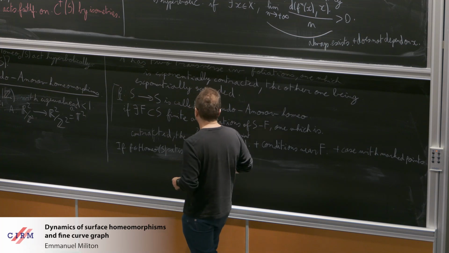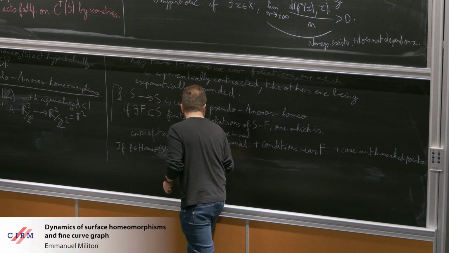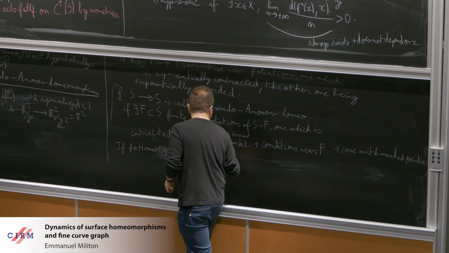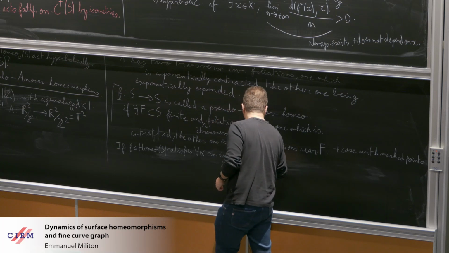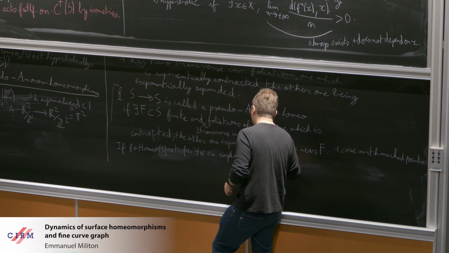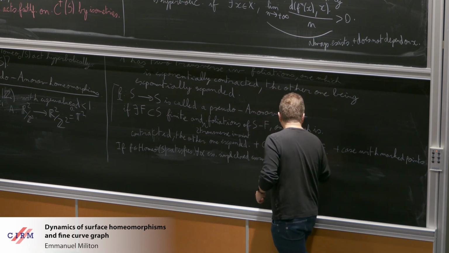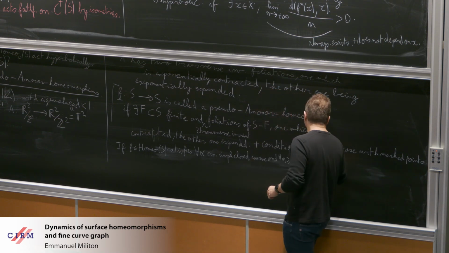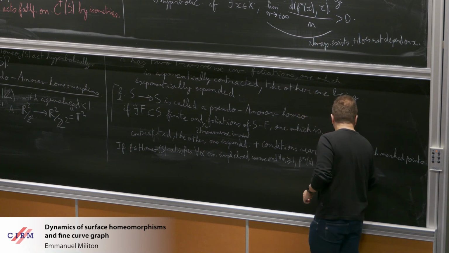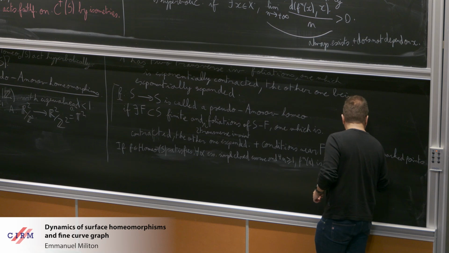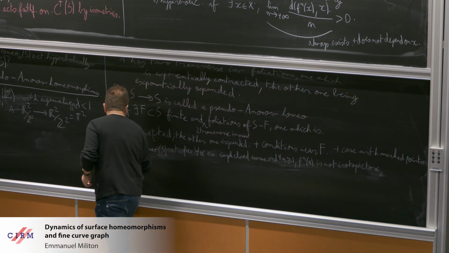If F satisfies the following property, namely that for any alpha essential simple closed curve, and for any n bigger than 1, F^n of alpha is not isotopic to alpha, then F is isotopic to a pseudo-Anosov homeomorphism.